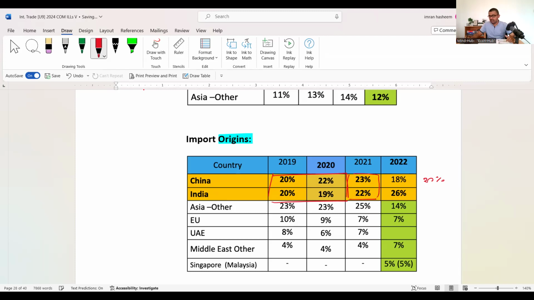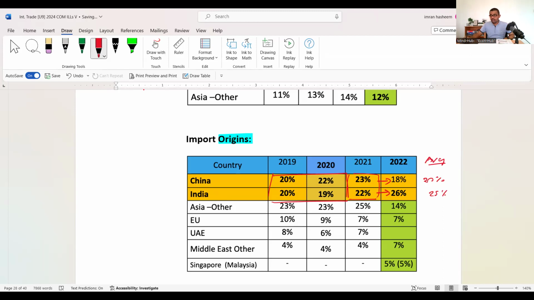But what has happened here? There's a change. We are importing 25% from India, 20% only from China. How come? Average, approximate. Remember the exact value also.